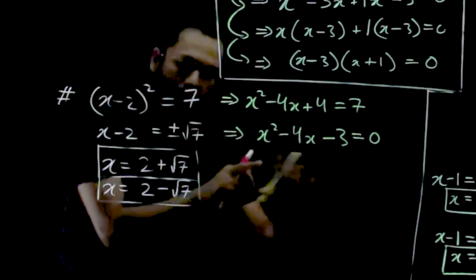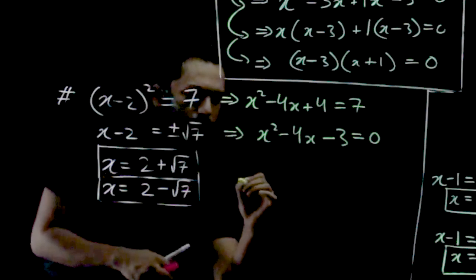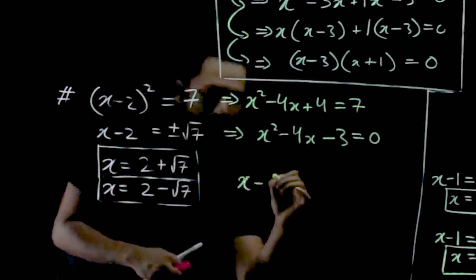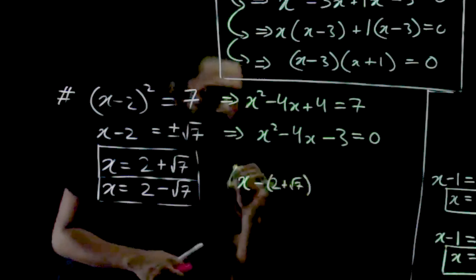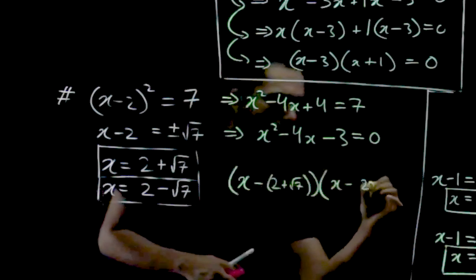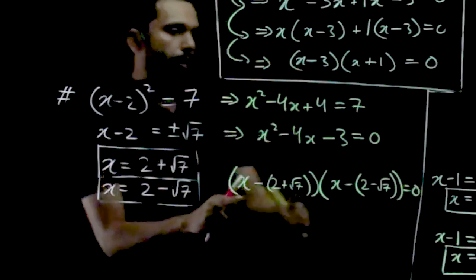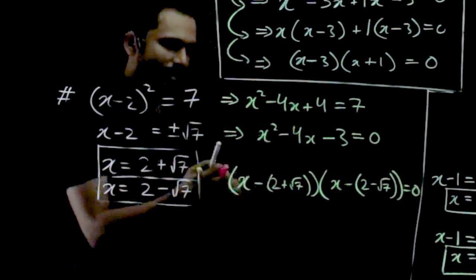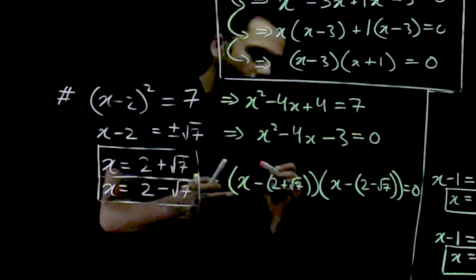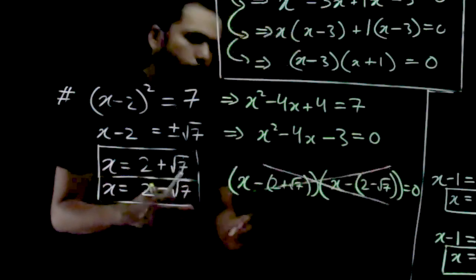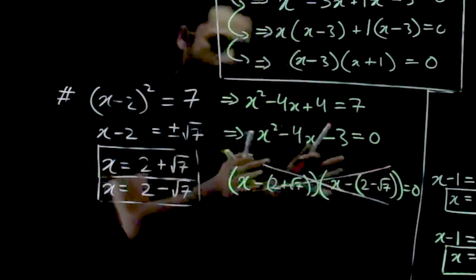Now this part what I'm going to write, you don't have to care about it. x minus... so if you factorize this, you are going to land up in this, but figuring out that this is going to happen is quite difficult or very tedious.